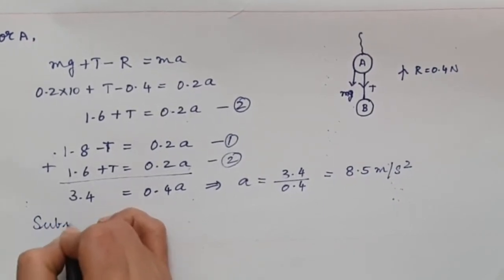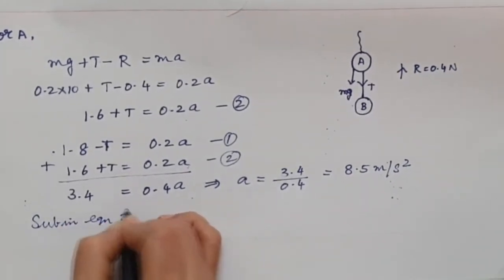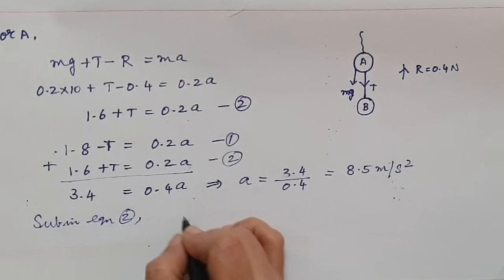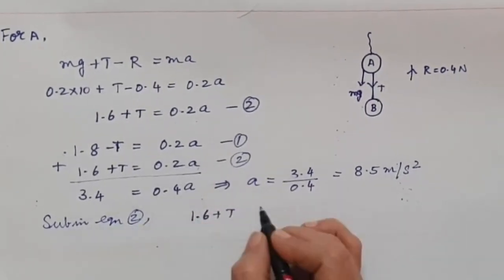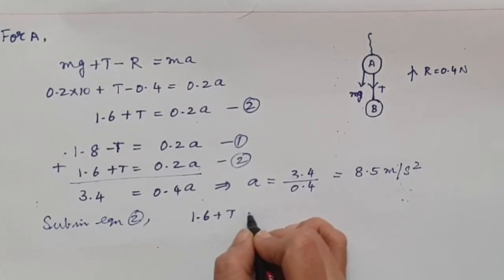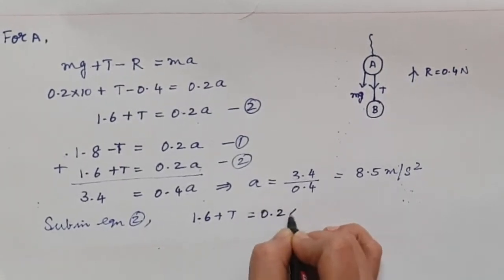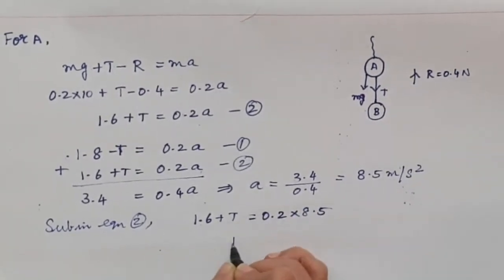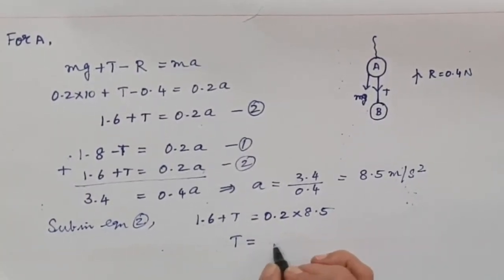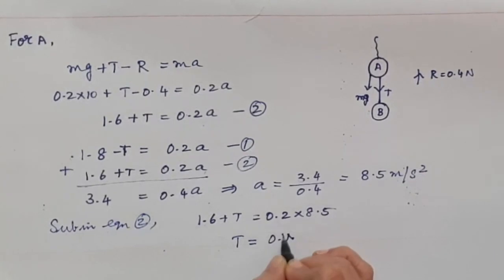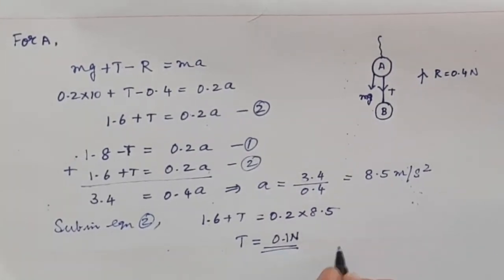Now substituting the value for A in equation 2, 1.6 plus T will be equal to 0.2 into 8.5. When we simplify it, we get the value for T as 0.1 Newton. Thank you.